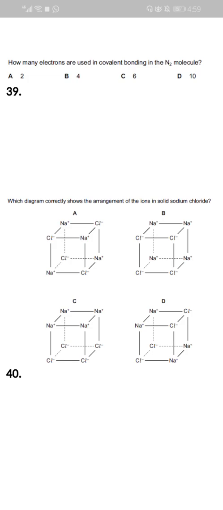So in option A, there is one Na+, then Cl-, then Na+, then Cl-. Two ions with the same charge do not lie in the same plane side by side, because same charges repel each other.